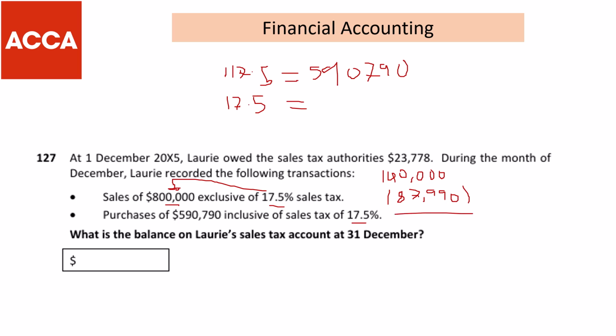So if you take this amount plus 140,000 minus 87,990, what does that come to? Well, let's work it out. So it comes to 75,000.